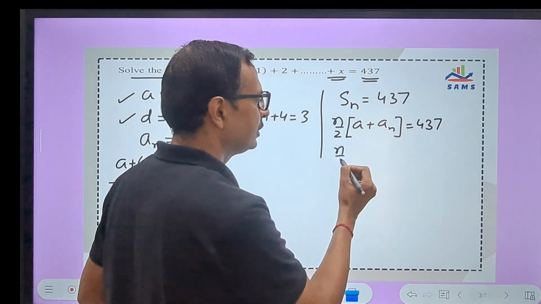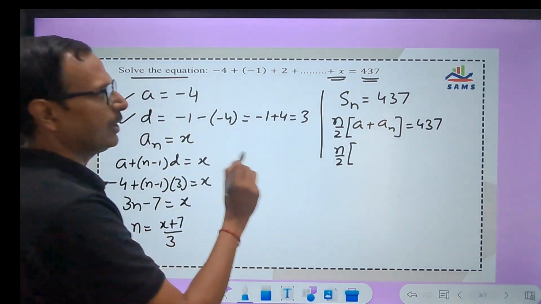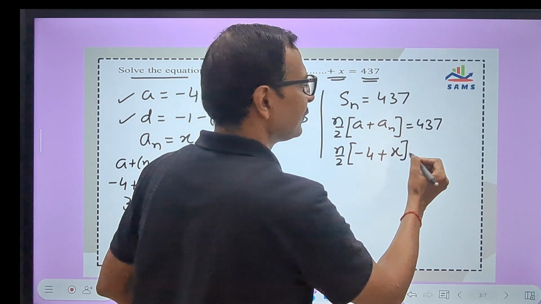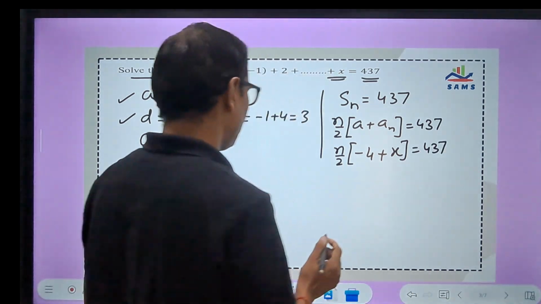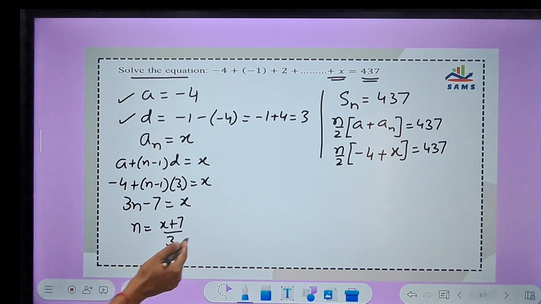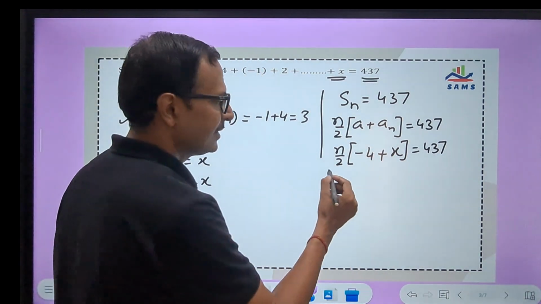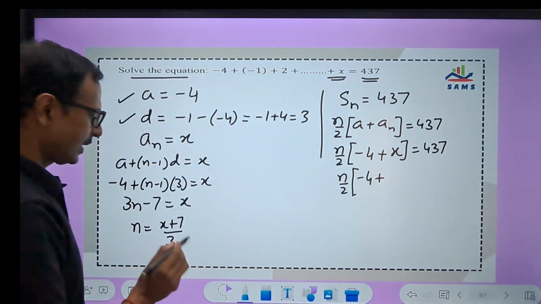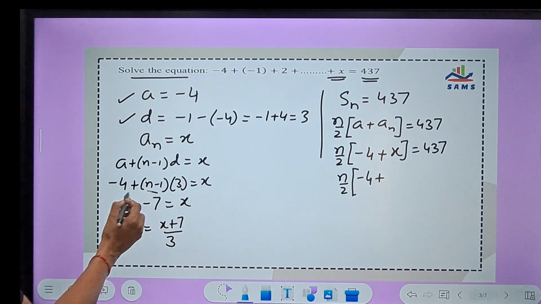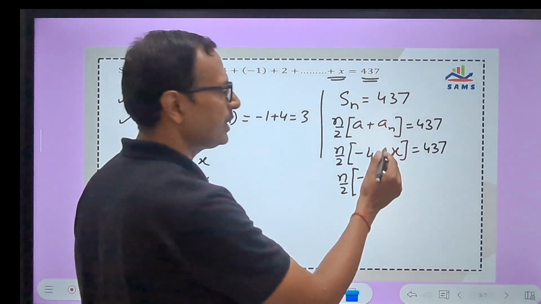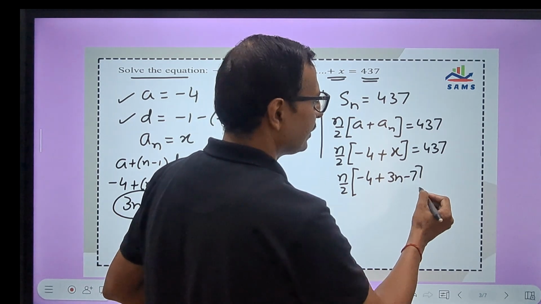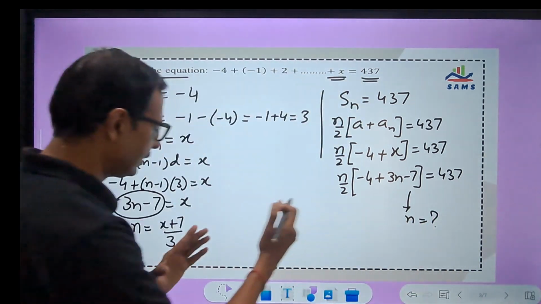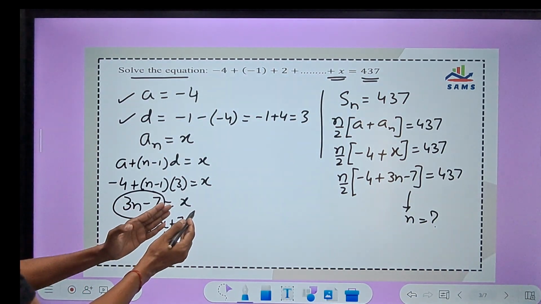So let's see where we will use this value. n upon 2, a is -4, and an is the last term x, that is 437, and now the value of n is (x plus 7) by 3, which I can put here, right? So that gives me n upon 2 times (-4 plus the value of x), where x is 3n minus 7, and solve to get the value of n, which in turn when substituted here will give me x, right?